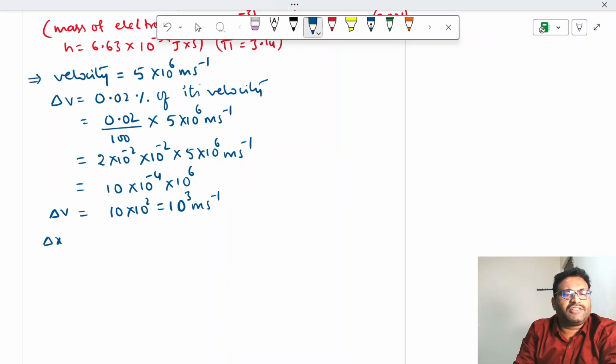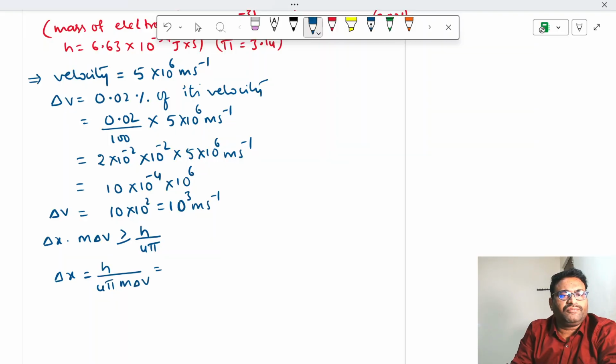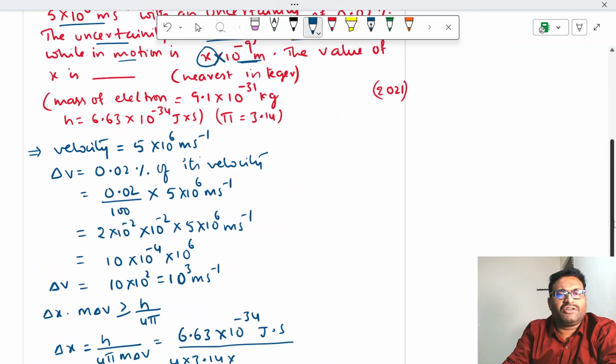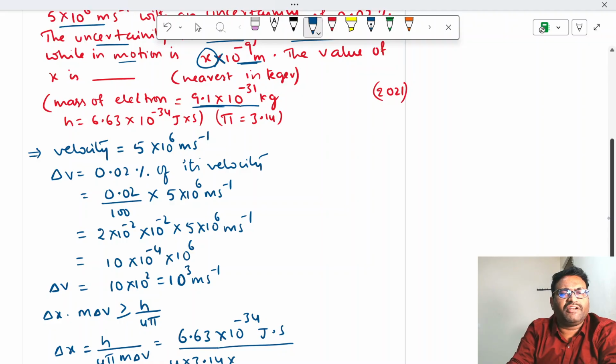So delta x into m into delta v is greater than or equal to h by 4 pi. So delta x is equal to h by 4 pi m into delta v, that is equal to h, given already, 6.63 into 10 power minus 34 joule into second, by 4 into 3.14 into, here you can see mass of the electron is given.